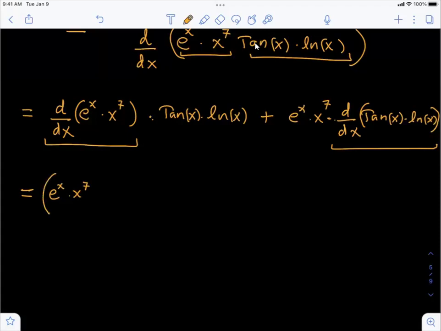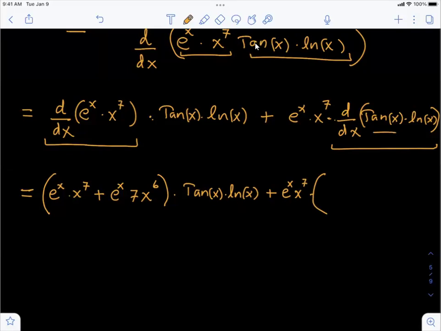Don't forget the parentheses here because we will have 2 terms. And now original first function and the derivative of the second, which happens to be 7x^6 times tan x ln x plus e^x x^7. That's already there inbuilt right there.